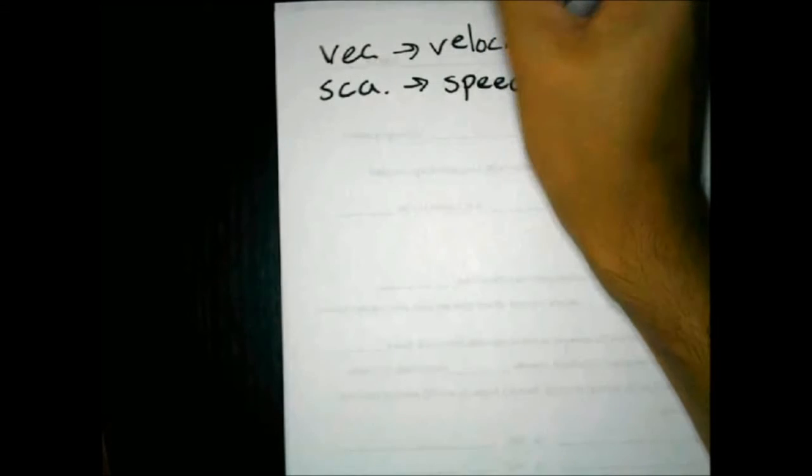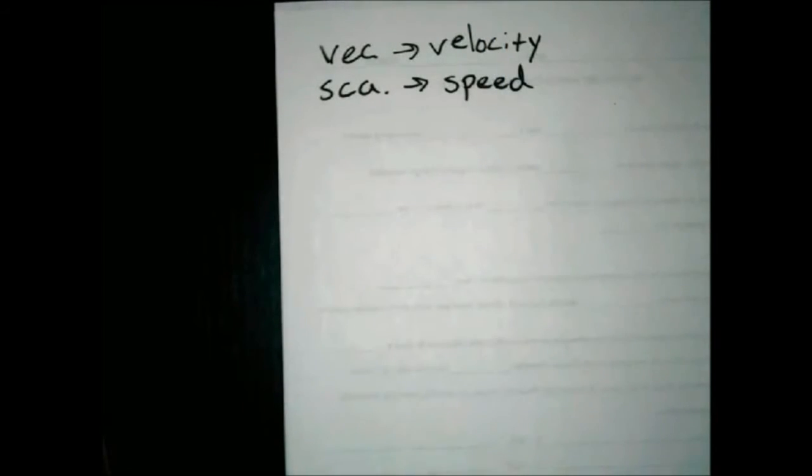So, when we started our problem for the basketball, I said that I wanted to know what the average speed was, or my average velocity. So here's another vector for you. Vector velocity, scalar, speed.